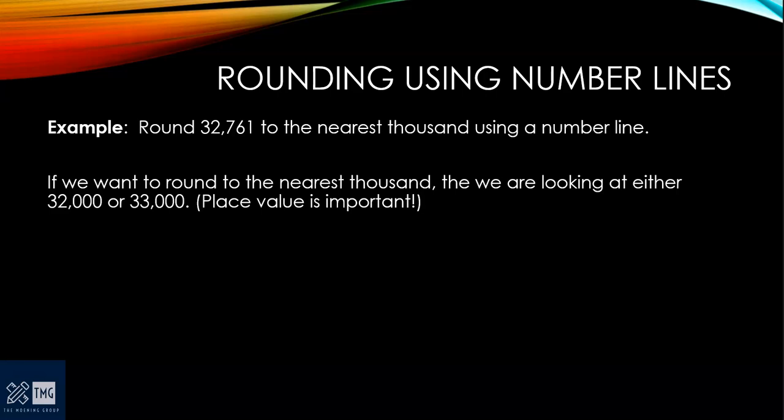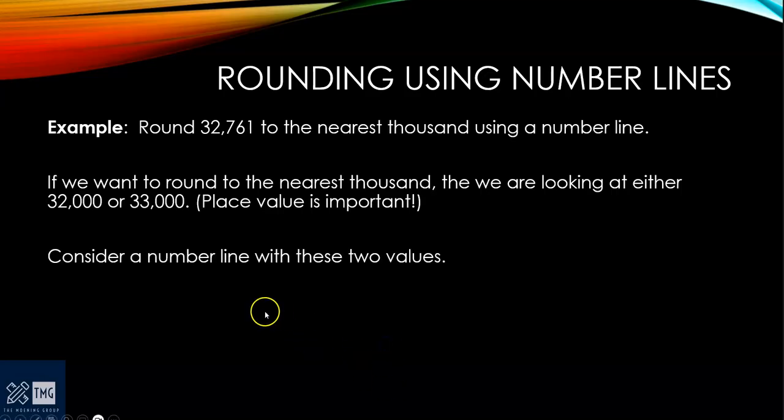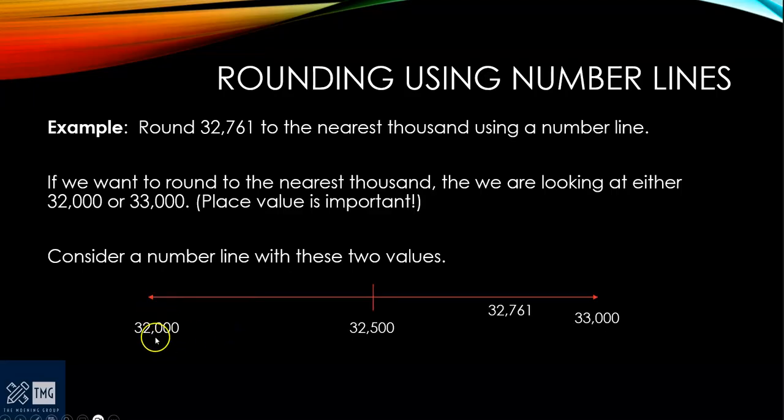You still have to understand place value to use number lines. Our number is between those two values. So if we consider a number line with these values as our endpoints, 32,000 on the left and 33,000 on the right, I know that 32,500 is directly in the middle. Our number, 32,761, is to the right of 32,500, but not quite to 33,000.